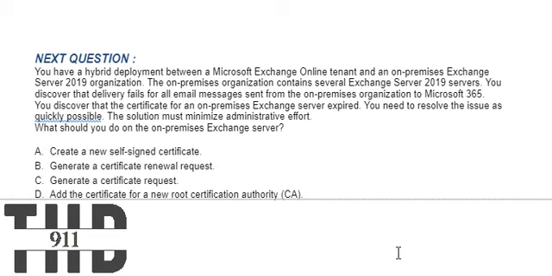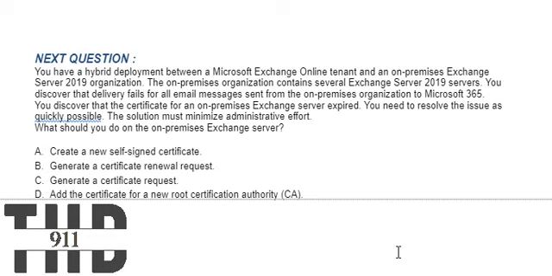You discover that delivery fails for all email messages sent from the on-premises organization to Microsoft 365. You discover that the certificates for an on-premises Exchange server expired. You need to resolve the issue as quickly as possible. The solution must minimize administrative effort. What should you do on the on-premises Exchange server?